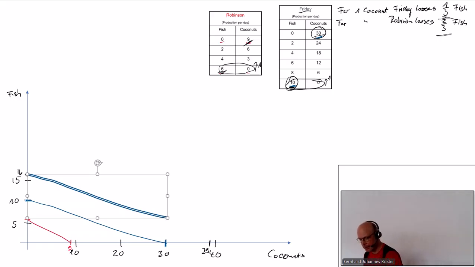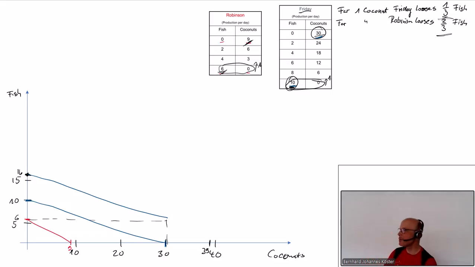This then means I'm ending up here. So the reduction of 10 until this production point, 630. Then I'm at full capacity.